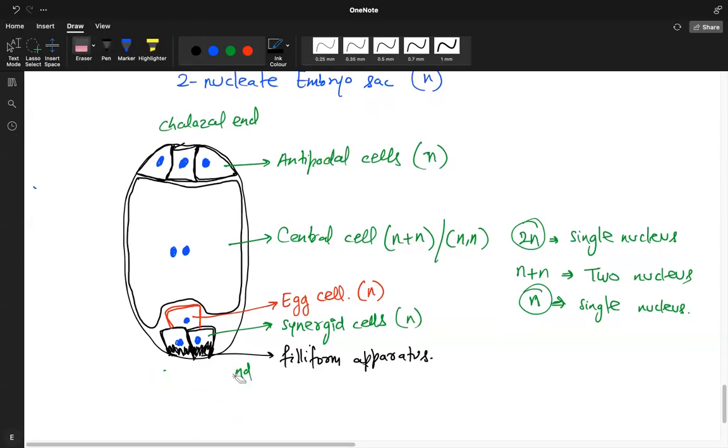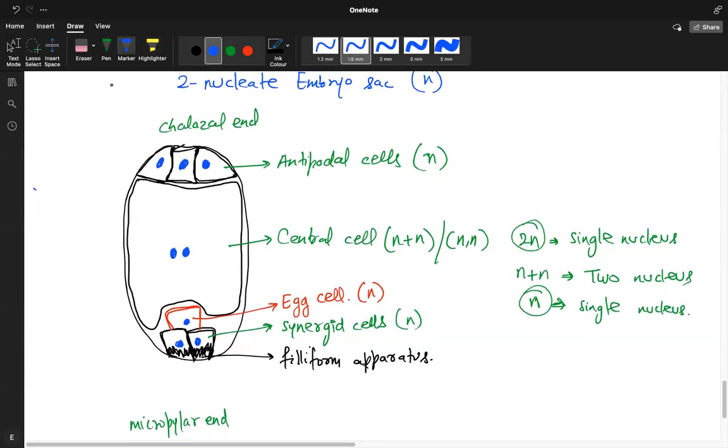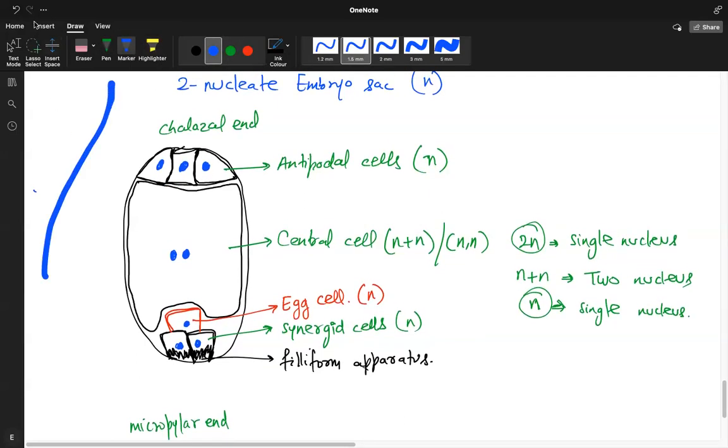Now, you know that this part is the micropylar end, I'll just erase it and write it a little below here. Micropylar end. And just imagine that this whole structure is present in the ovary, right?